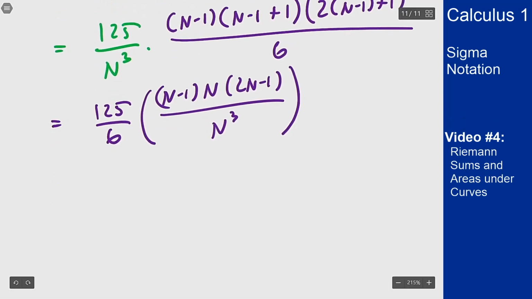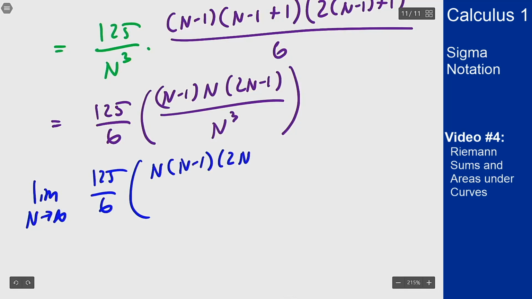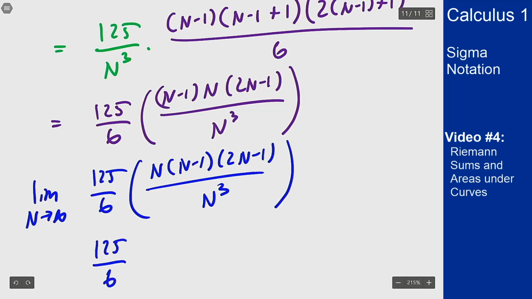So if I take the limit as n goes to infinity of 125 over 6 times n minus 1 and 2n minus 1 over n cubed, what am I going to get? Well, here I just have a constant, so we'll leave that here with a 125 over 6. And now what happens to that ratio inside? Well, I have an n cubed on the bottom, and I have an n cubed on the top.